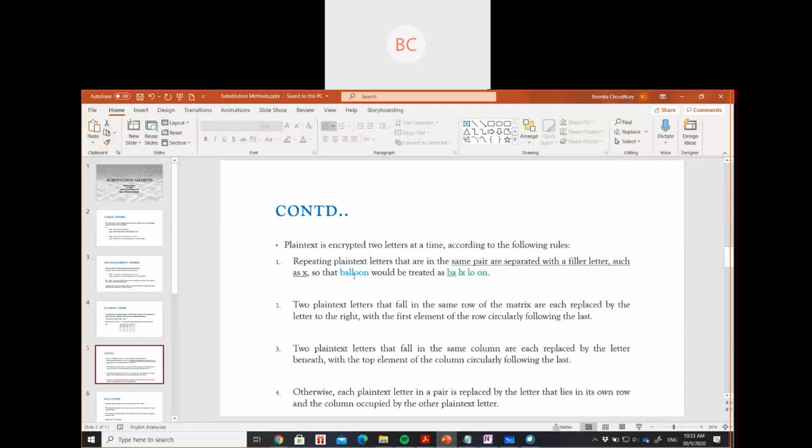So you can see none of these double letters are appearing together. You just need to make sure that these pairs do not appear together.